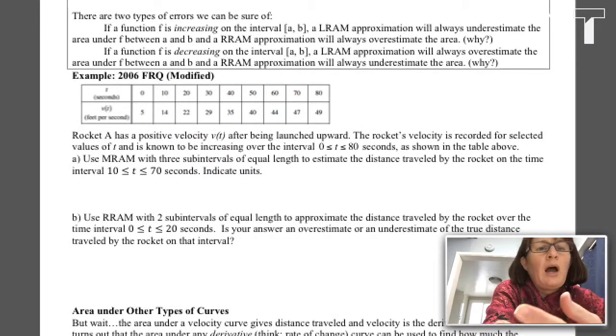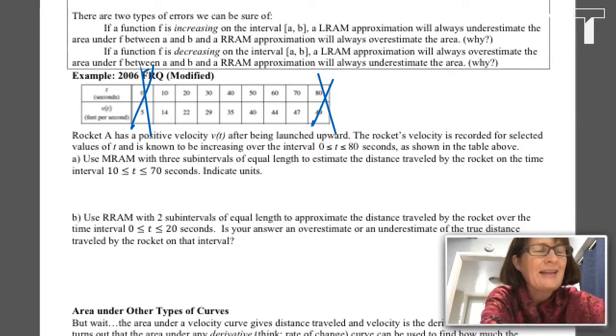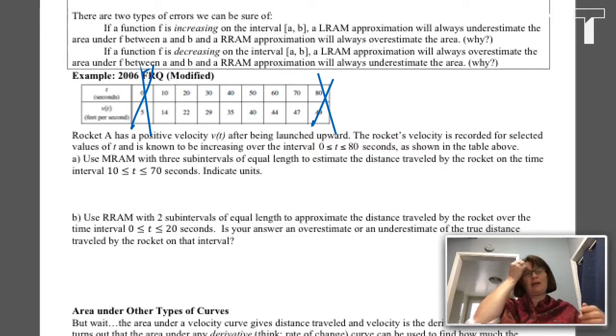All right, so if time goes from 10 to 70, I don't need this time value here at 1. Whoops. There we go. I don't need that data. And I don't need this data here at 80. That's outside my time interval that I care about.